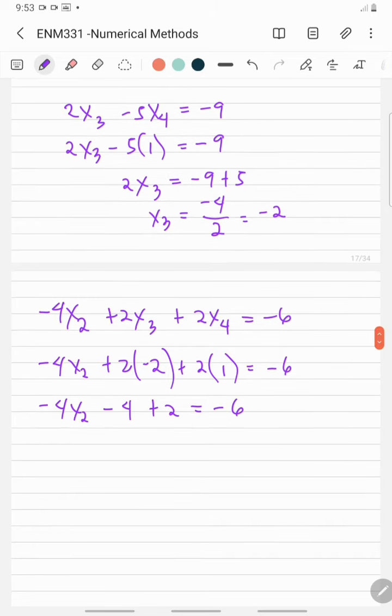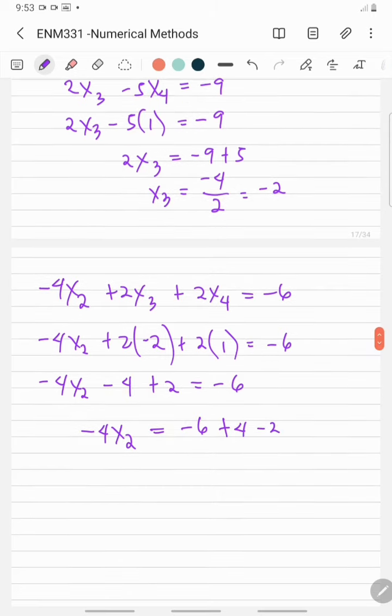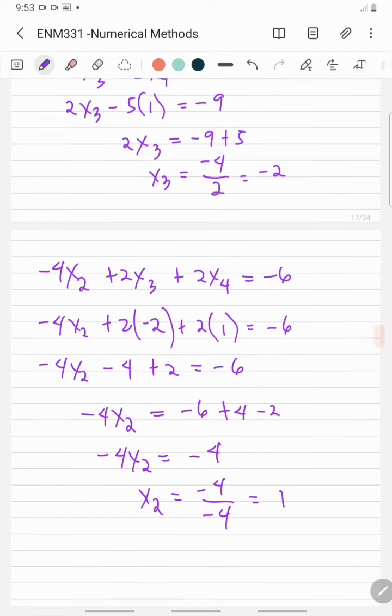We have to transpose -4 and positive 2 to the right side. So we have -4x2 is equal to -6 plus 2 which is -4, minus 2, that is negative 6. Hmm, so x2 is equal to -4 divided by -4, that is equal to positive 1.